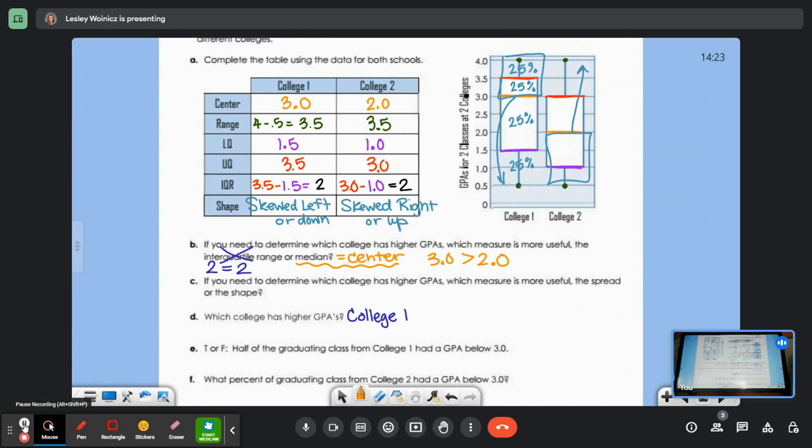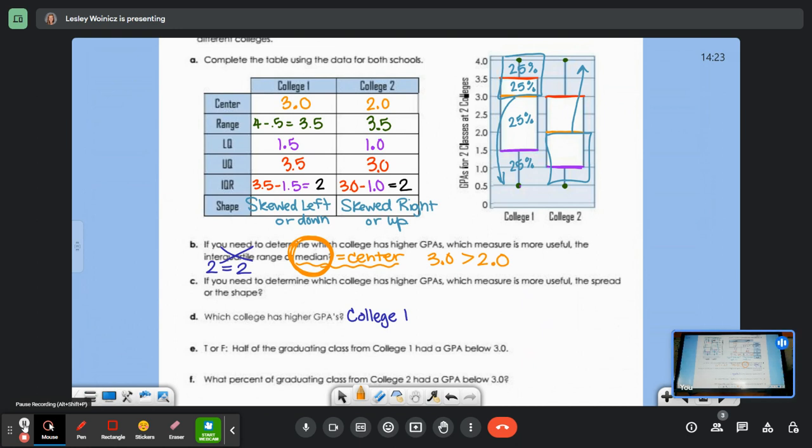Do you think it's any accident that the larger median corresponds to larger GPAs? No. Okay, so the one we want to pick is median. Does everybody understand why? Yeah. The IQRs were the same and they did not tell us anything. College 1 median was bigger than median for college 2, so it tells us that overall that data is higher.